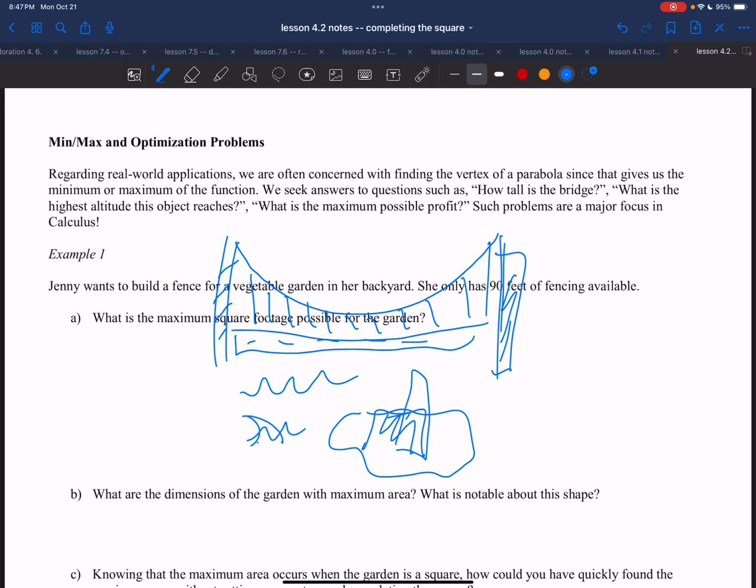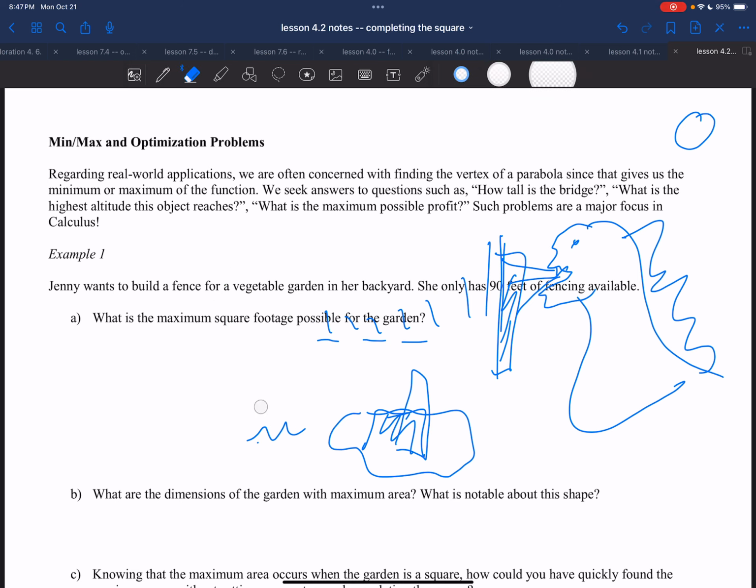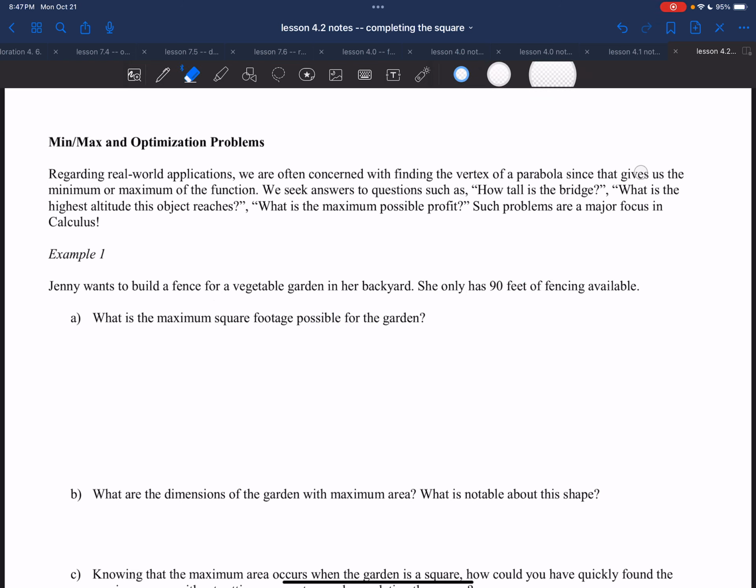And then here's Godzilla, because he attacks. And then here's a monkey. Sorry, I'm thinking Planet of the Apes. I'm not going to draw a monkey. I'm being silly. Let's get back to actually thinking about it.